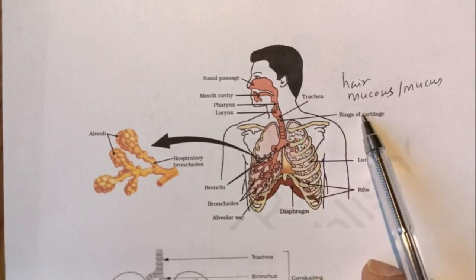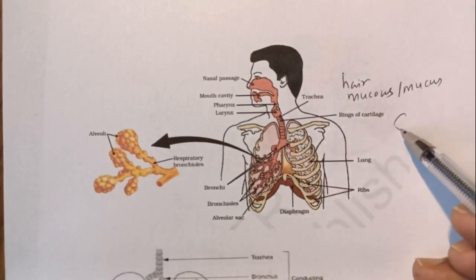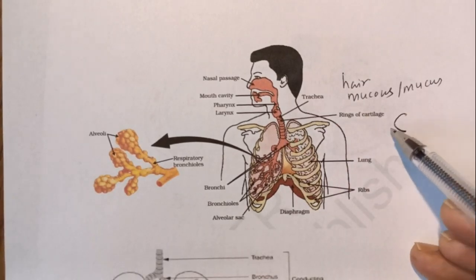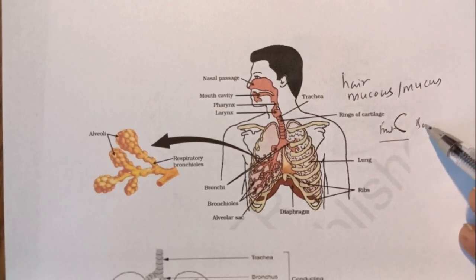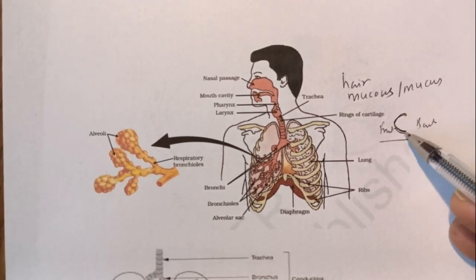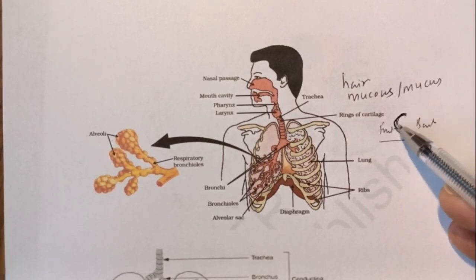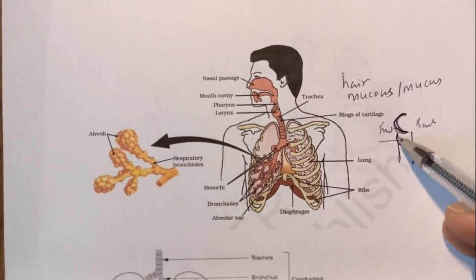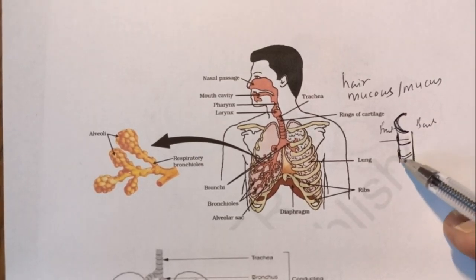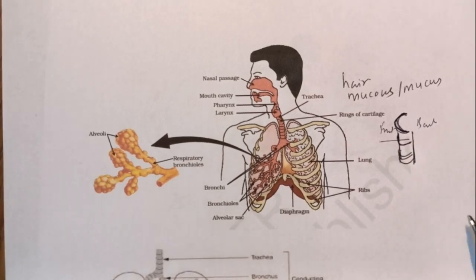These rings are C-shaped cartilage. That is the front of the trachea and that is the back of the trachea. So the C is placed in the front of the neck. If this is the trachea, then the C-shaped cartilages are located in the front.